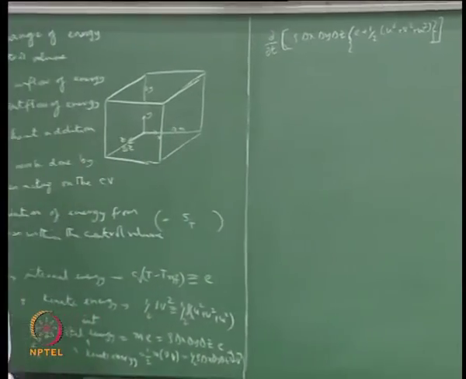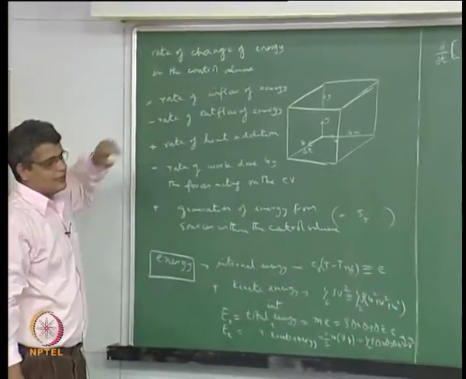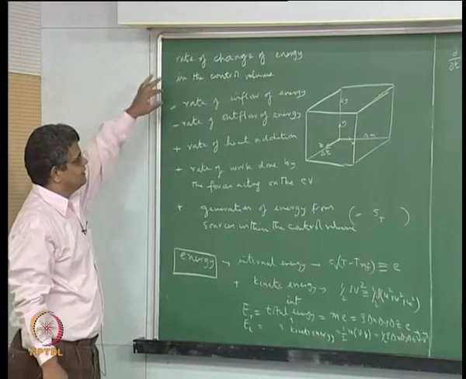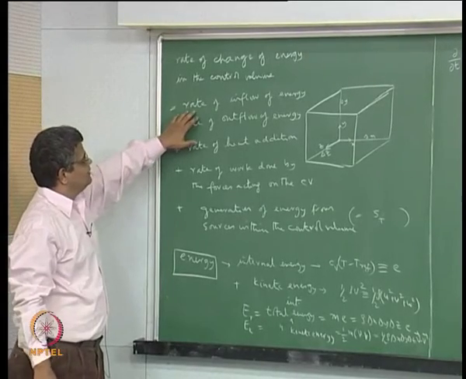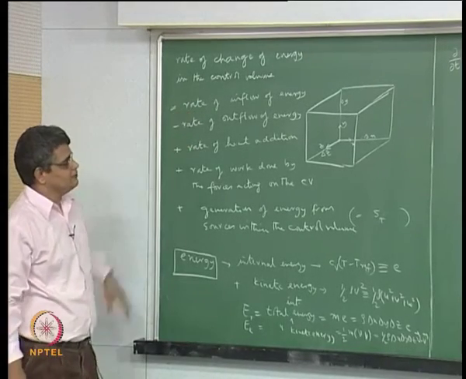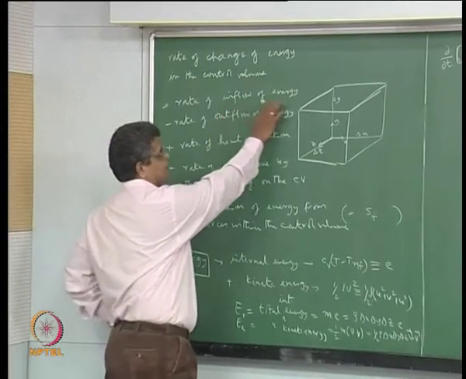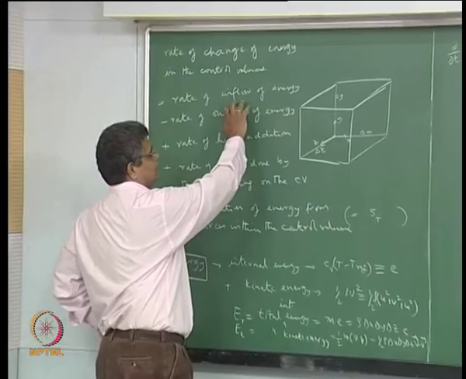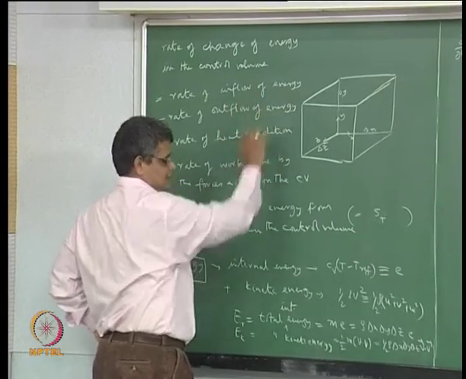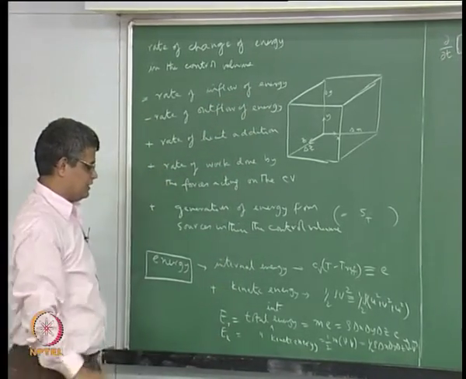So that is the rate of change of energy, and it is equal to the rate of inflow of energy, and inflow of something is always equal to the mass flow rate times the specific quantity.